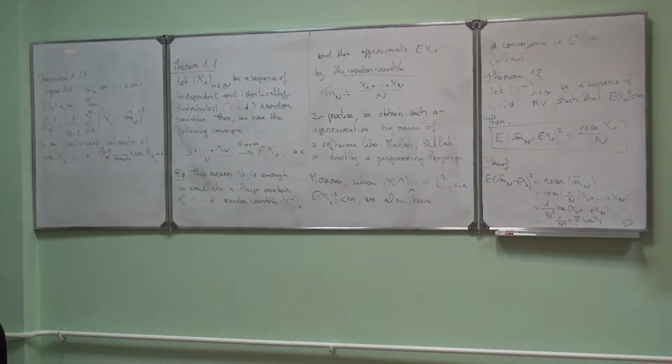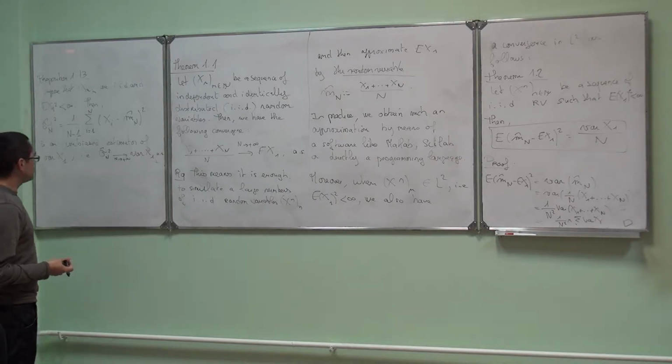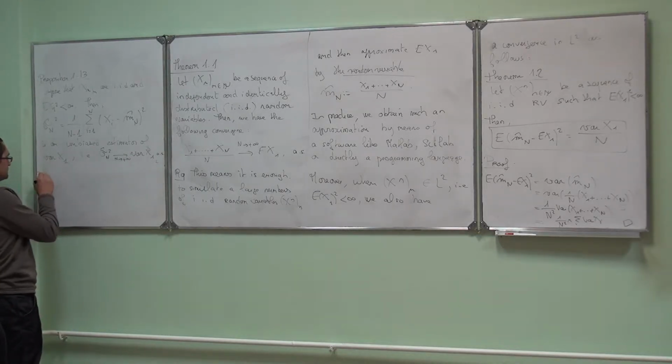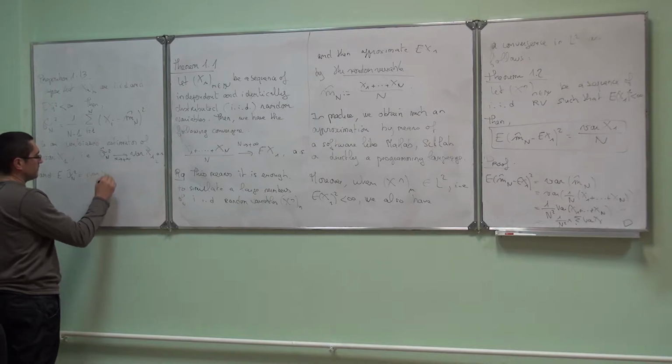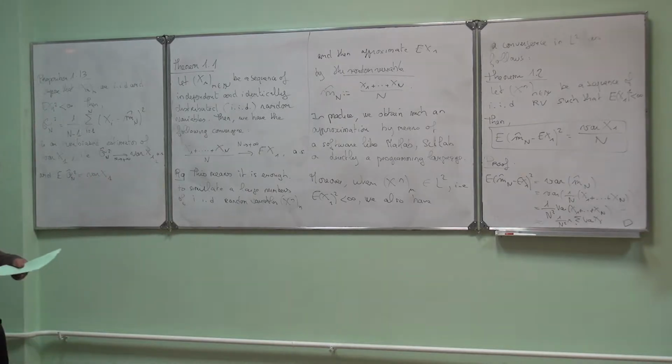The first property means that sigma hat N squared is indeed an estimator of the variance. And at last, it is unbiased, meaning that the expectation of this estimator precisely equals the variance of X_1.